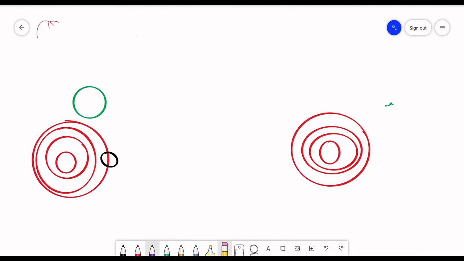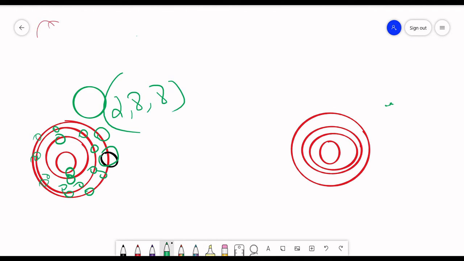Okay, I'll do it again. So 1, 2, then 1 to 8, then 1 to 8. So this is 2, 8, 8. Now oxygen is also 2, 8, 8.